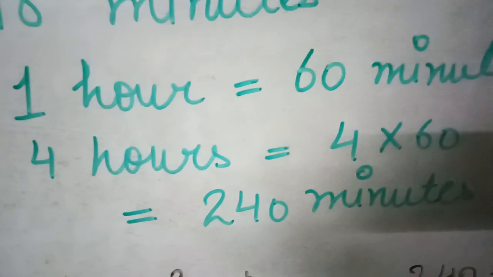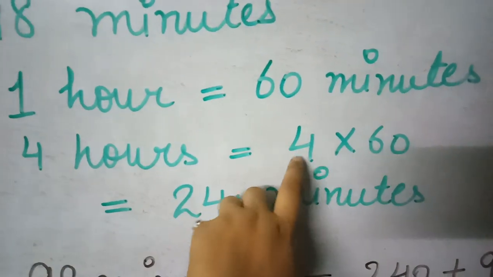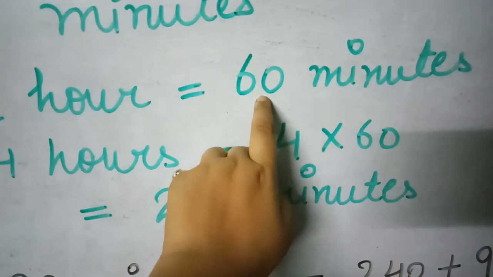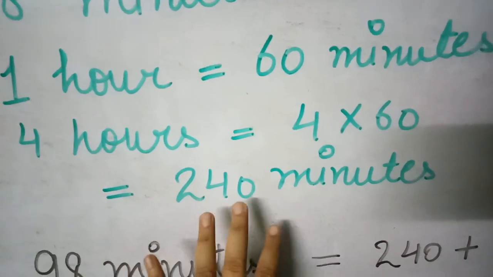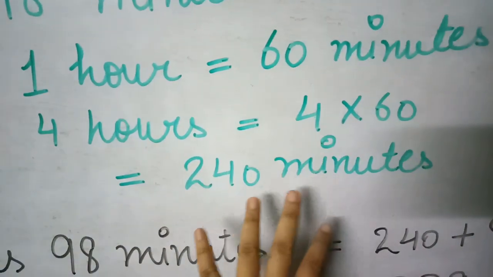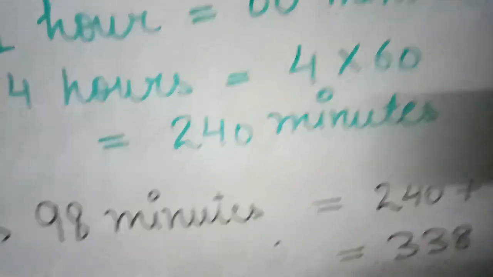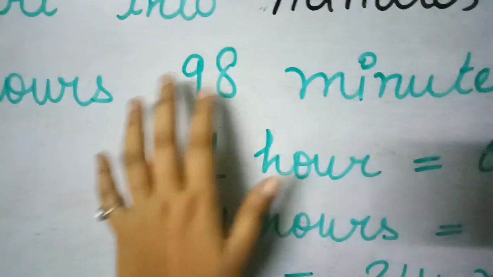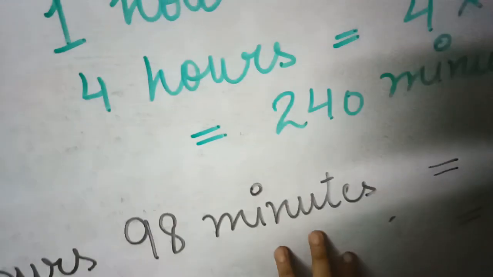So here we go. See, 4 hours equal to 4 multiply by 60 minutes. Now we got 240 minutes. Right, we converted those 4 hours into minutes. We got 240 minutes. Now there are 98 minutes we have, right? So 4 hours 98 minutes.